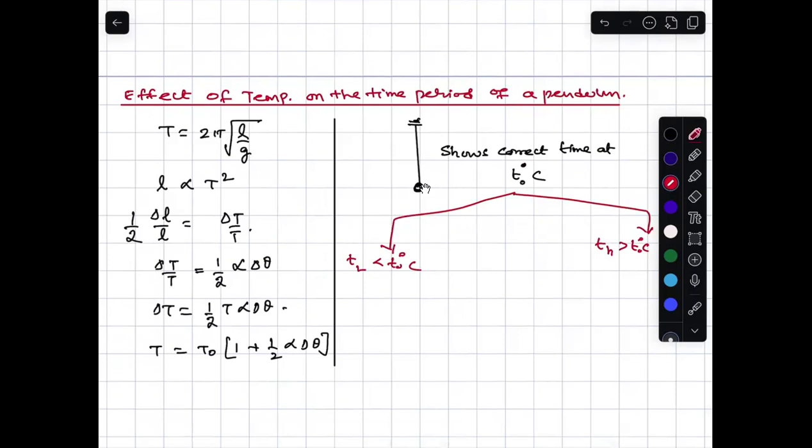Length decreases, right? Time period decreases, clock runs faster, or clock gains time.